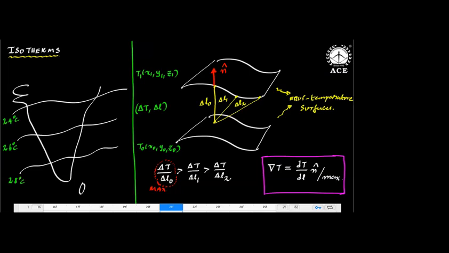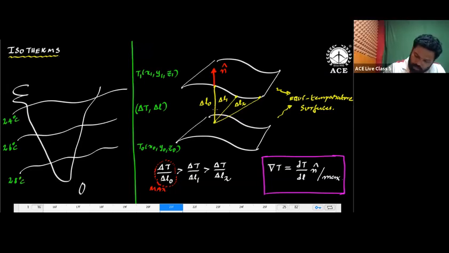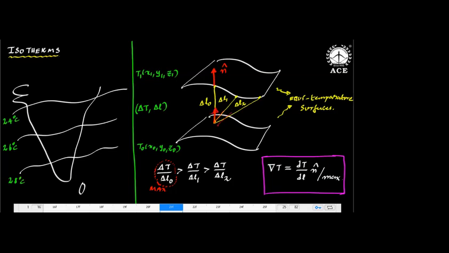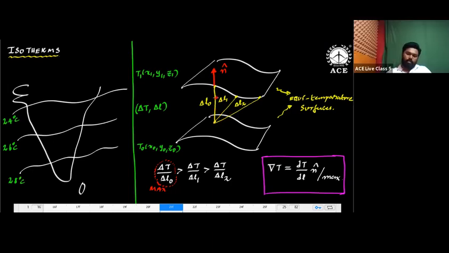But in the given question, just a point is given and we are calculating the maximum rate of change. Then how do we know that this is the maximum only? If you consider this point, compared to the other directions, this is maximum.